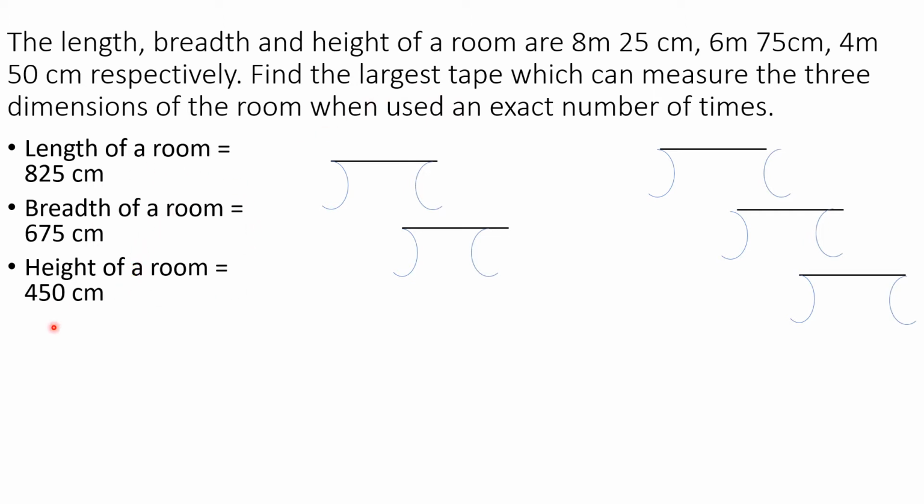So it is a question of HCF, highest common factor. So HCF of 825, 675 and 450 we need to identify, and there are three numbers, so we will use the long division method for any two numbers first.